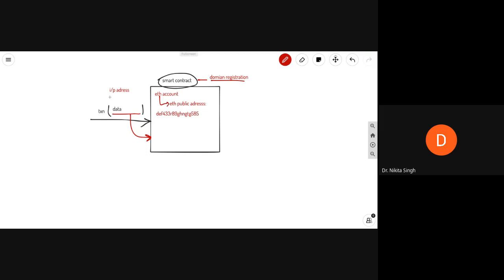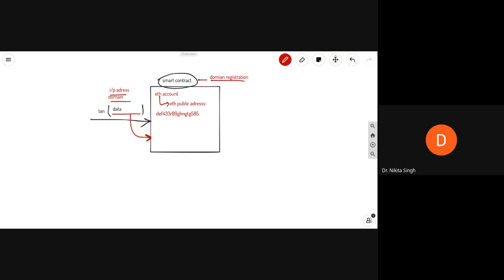You're giving your IP address and domain name to perform domain registration here. So this transaction initiates the smart contract which will do the domain registration. The input parameters that it needs are the IP address and the domain. Other things are also present, that is, we'll be storing with which Ethereum address we are doing the domain registration and all.